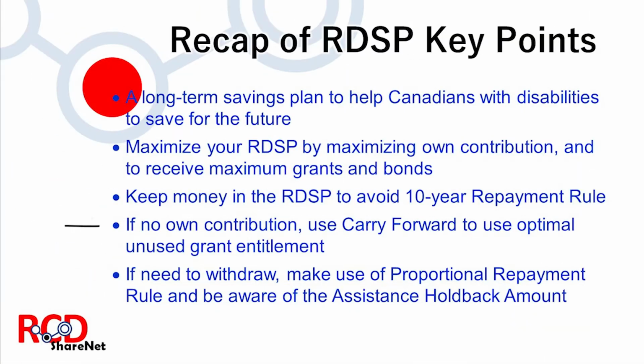We also mentioned that if for some reason own contribution is not possible, we can use the Carryforward to have the optimum unused grant entitlement. And lastly, if withdrawal is inevitable, which sometimes is the reality, then make use of the proportional repayment rule and be aware of the assistance holdback amount. That pretty much summarizes the past two videos. Now we can go on to today's topic.